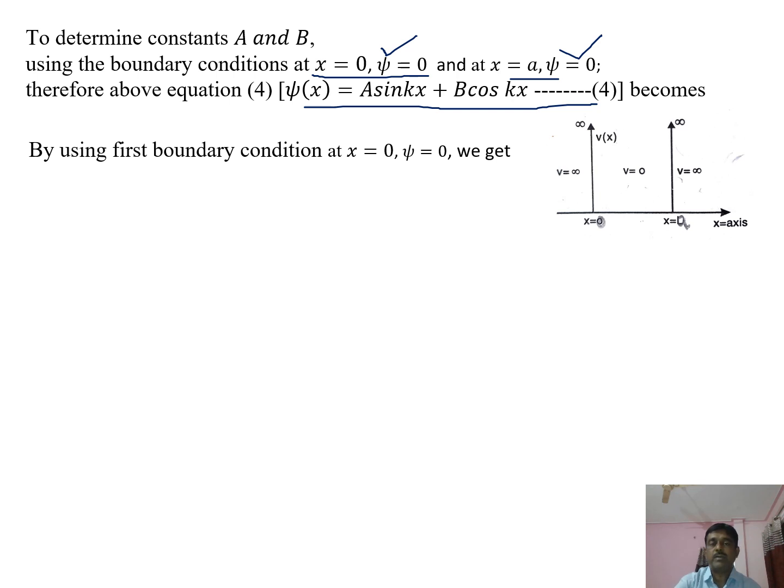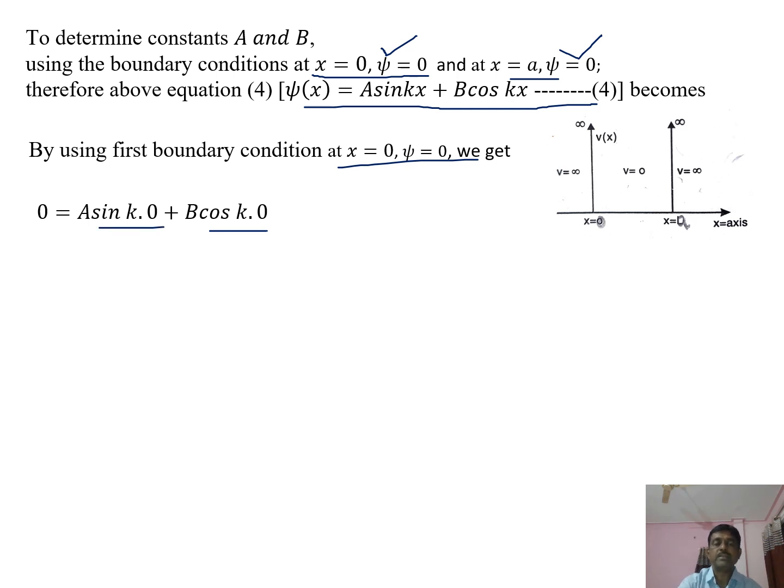by using the first boundary condition, psi is equal to 0 at x is equal to 0. Therefore, psi is equal to 0, equal to A sin k times 0 plus B cos k times 0. Cos 0 is equal to 1, sin 0 is equal to 0.